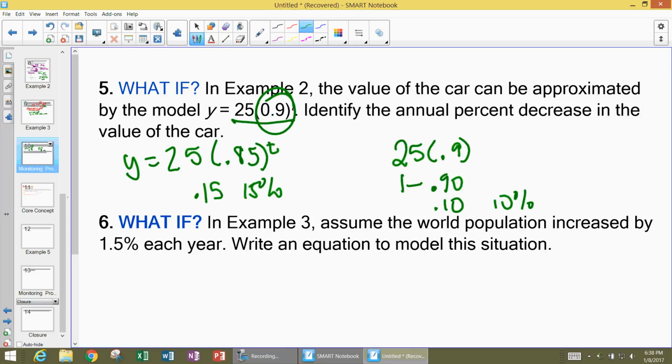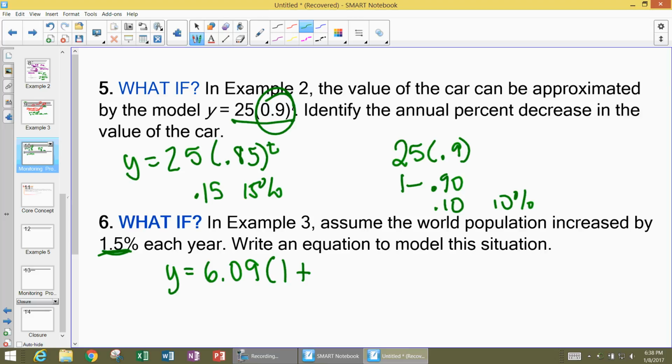And then number 6, in example 3, assume the world population increased by 1.5% each year. Write an equation to model this situation. So in example 3, the one we just looked at, it was y equals 6.09 times 1 plus, now we have to write this as a decimal, not a percentage, to the t power.